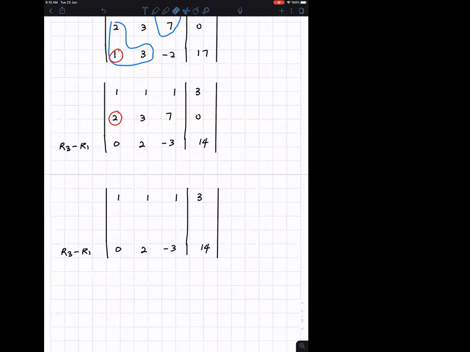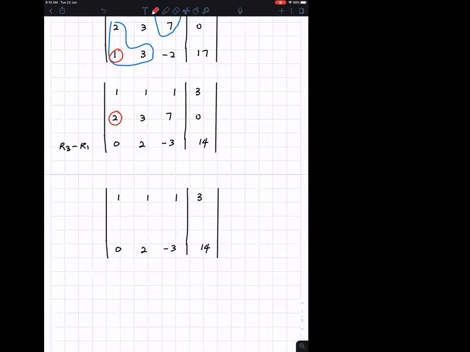So you do one row at a time. It'll be easier. Don't try to do too many rows at the same time. If I can't follow what you're doing, then it's really bad.